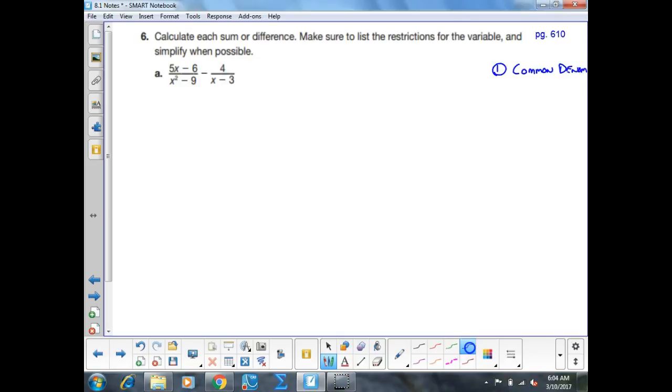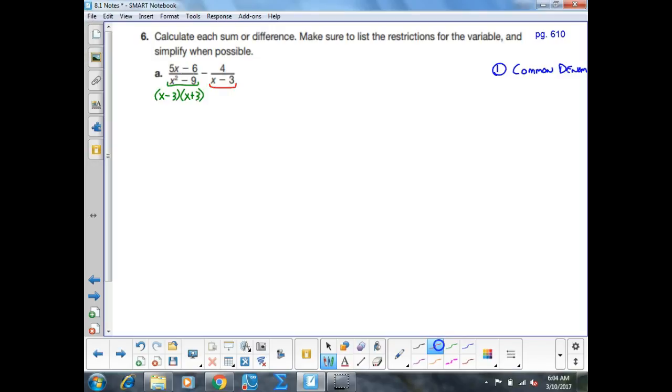Well, that's what we were just doing on the previous slide. So you first have to factor the first fraction. Well, that factors to be x minus 3 and x plus 3. The right fraction is already factored.